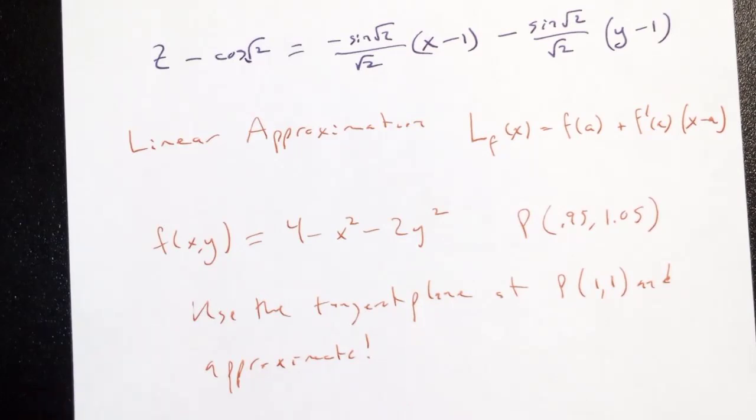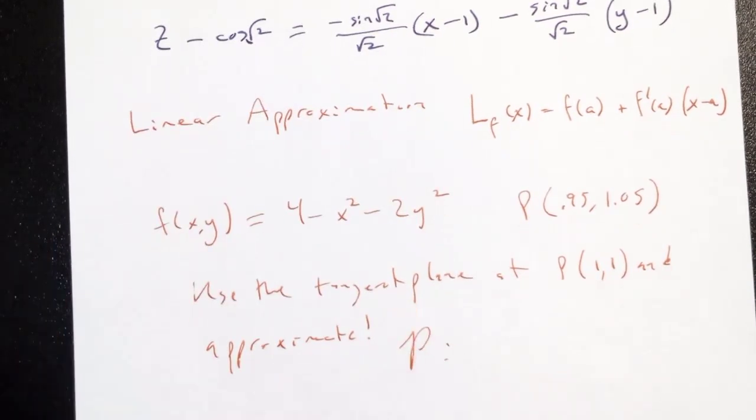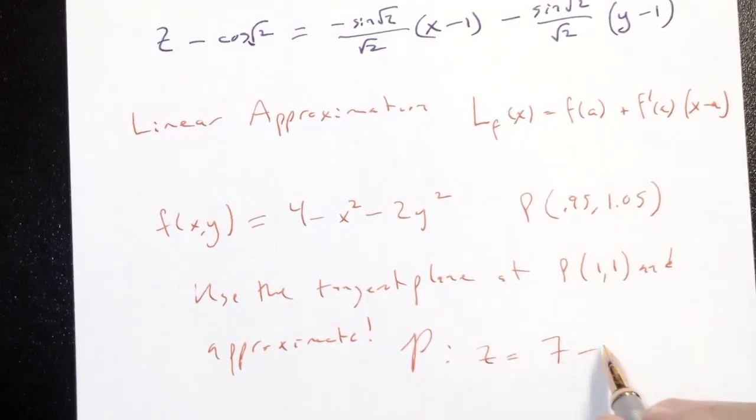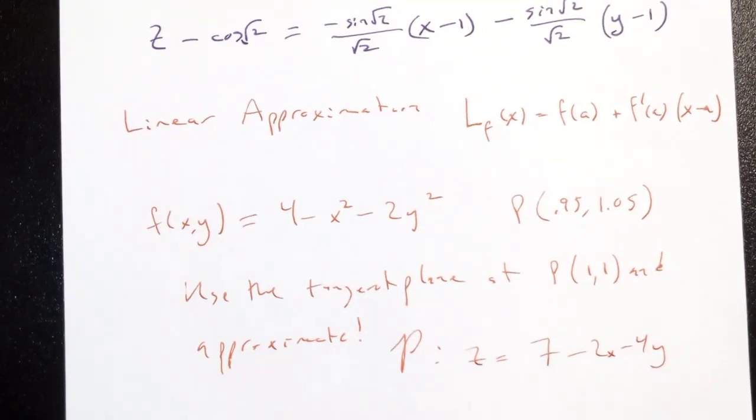Okay, wait a minute. What was the tangent plane we came up with? The equation for our plane. That was for the ugly surface. We're using this one instead. Go back to the previous example. Z equals 7 minus 2x minus 4y, right?